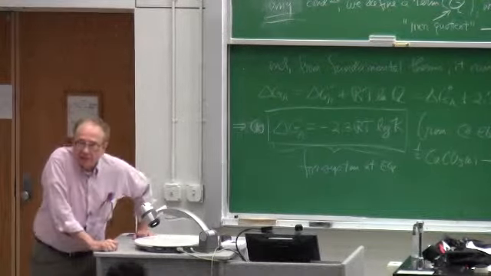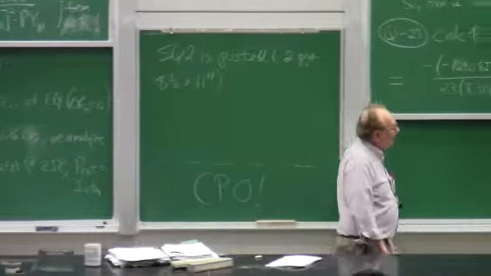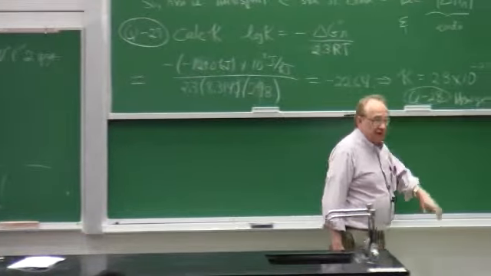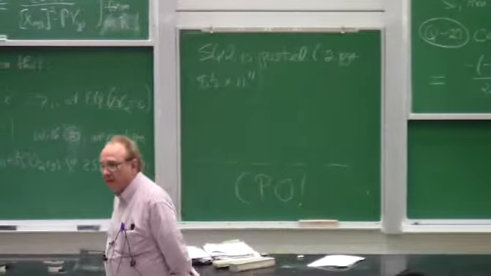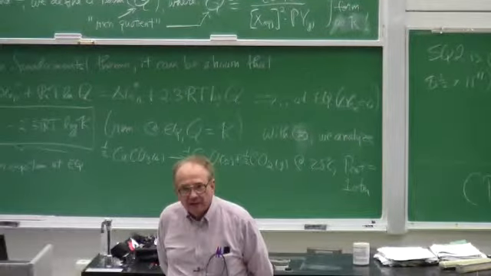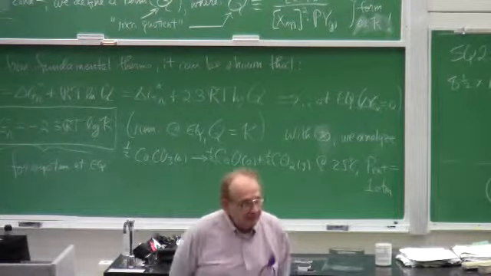If I calculate K for this reaction, will I get the same K value? What K value will I get relative to 2.3 times 10 to the minus 23? I get the square root of 2.3 times 10 to the minus 23. What will be the units? I'm listening. Atmospheres to the 1/2.